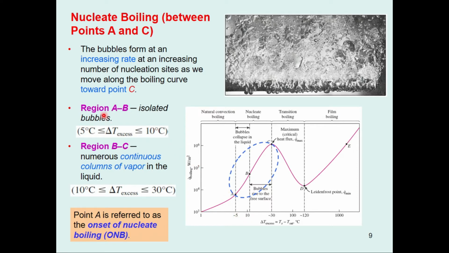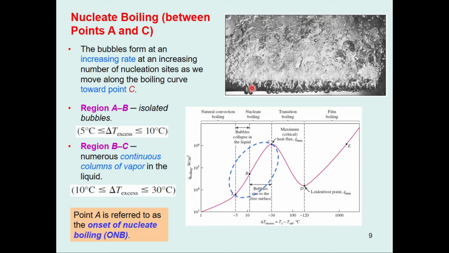What will happen in this regime from point A to point B? The bubbles are forming at the heating surface, and we will see those bubbles, and after some time the bubbles will move upward from the heating surface.